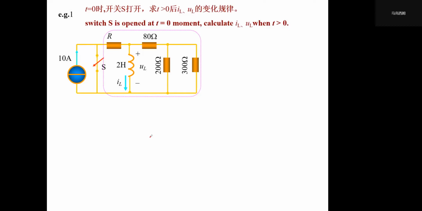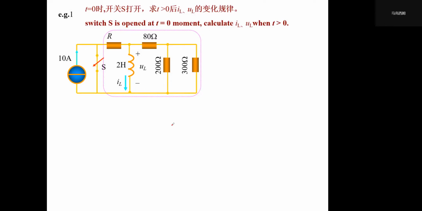In this case, we have an inductor connected with many resistors and a current source. And at time zero, we open up the switch. We would like to know how the current IL and the voltage UL change when t is larger than zero.